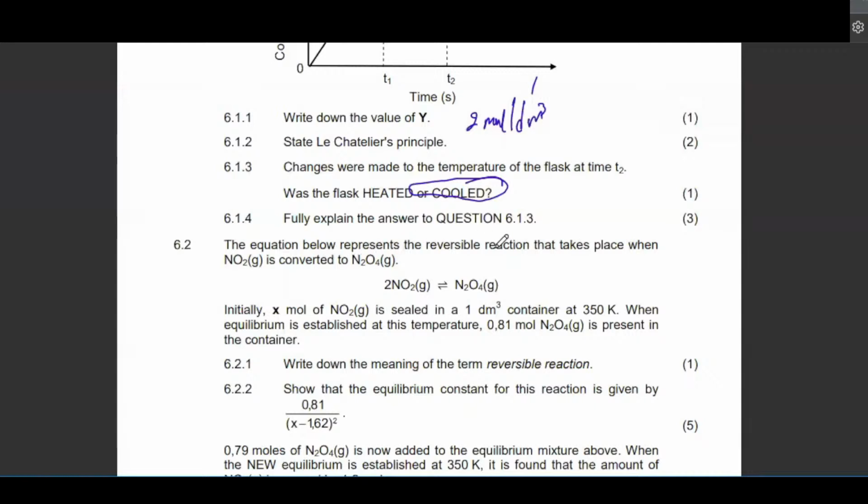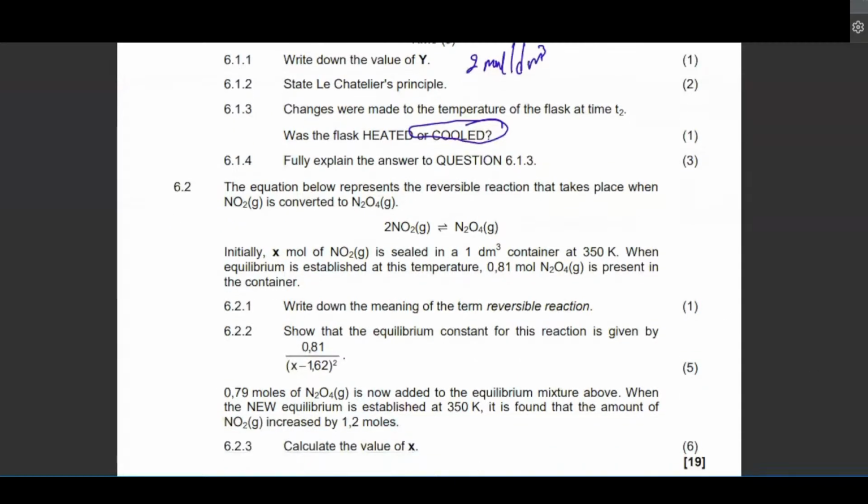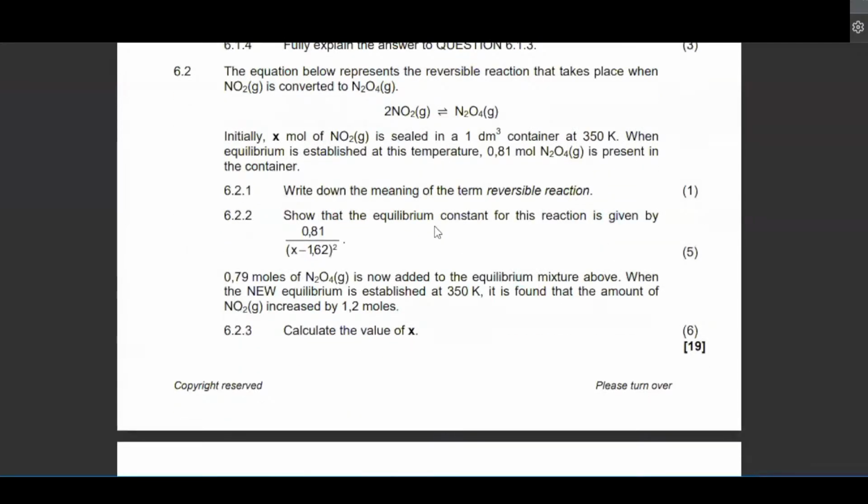The equation below represents the reversible reaction that takes place when nitrogen dioxide is converted into dinitrogen tetraoxide. Initially, X moles of nitrogen dioxide is sealed in a 1 decimeter cubed container at 350 Kelvin.